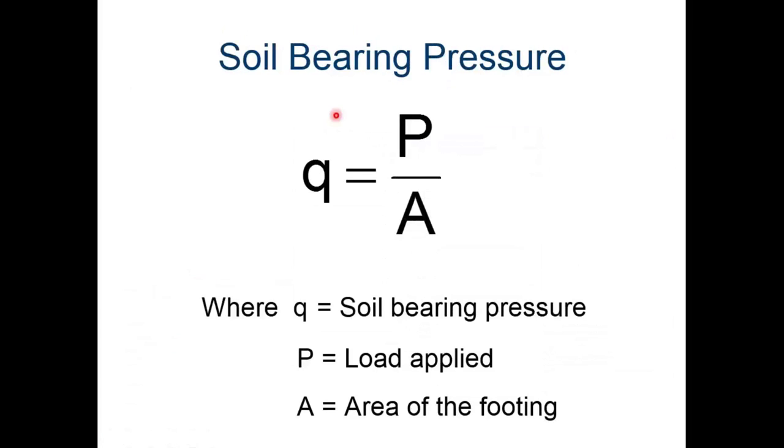Okay, so if we go back, go ahead and write down this equation. This one's important. Q equals P over A, where Q equals the soil bearing pressure, P is the load applied, and A is the area of the footing.